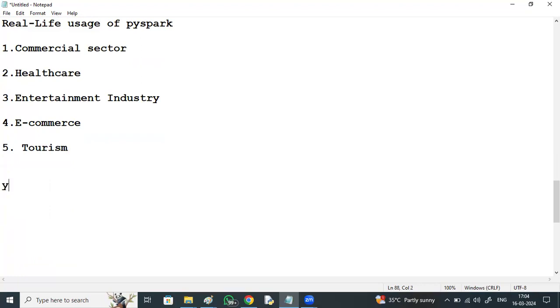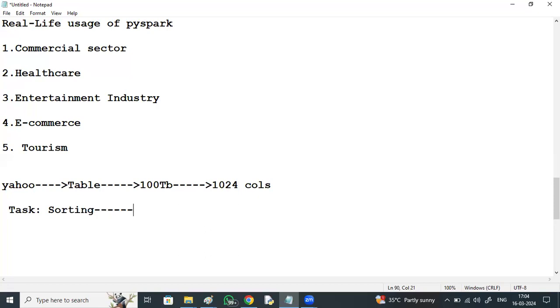There are many tests done, right? Yahoo has conducted tests to check the speed of different databases. Yahoo has taken a table of 100 TB consisting of 1024 columns. The task was sorting based on 16 columns.